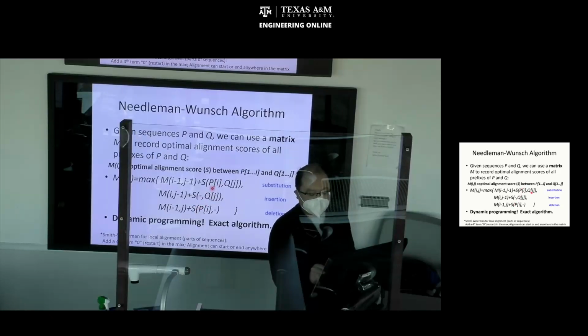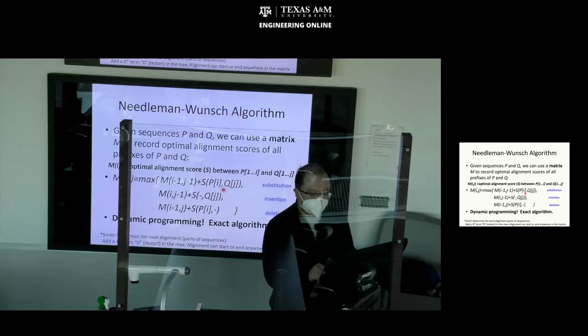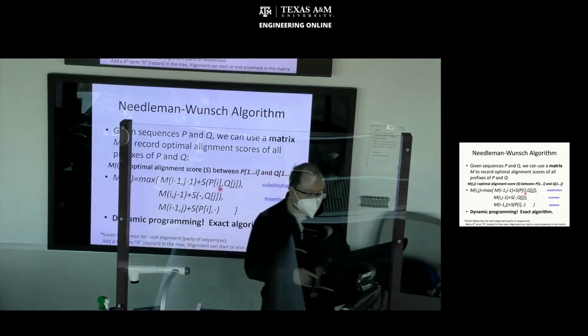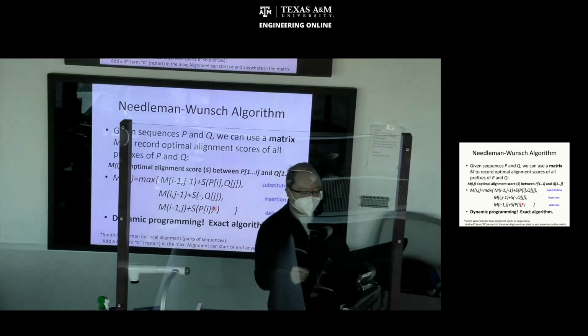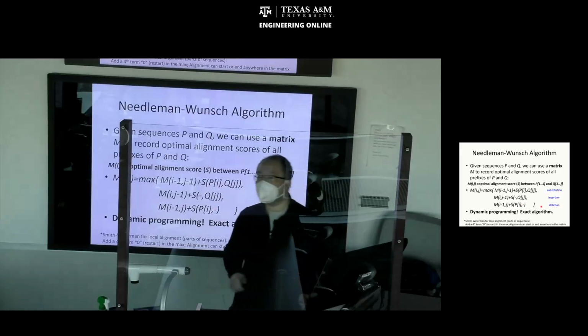Either it's a substitution, an alignment between Pi and Qj, which is a single character each, right? So this score is known, right? For Pi and Qj, which are a pair of characters, your objective function should already tell me what the score S is. Or we are aligning a gap from P and the j-th character of Q. Or we are aligning the i-th position of P and a gap from Q. In other words, if you compare Q to P, it is either substitution, insertion, or deletion. Isn't it? Right?